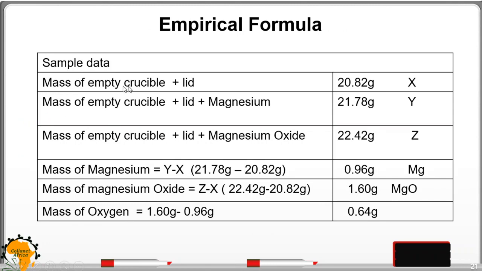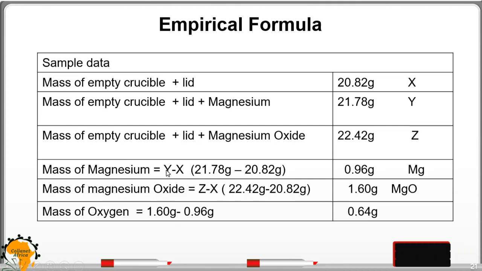The mass of empty crucible plus lead is 20.82 grams, given the letter X. Mass of empty crucible plus lead and magnesium is 21.78 grams, given the letter Y. Mass of empty crucible plus lead and magnesium oxide is 22.42 grams, letter Z. So how do you compute the mass of magnesium?